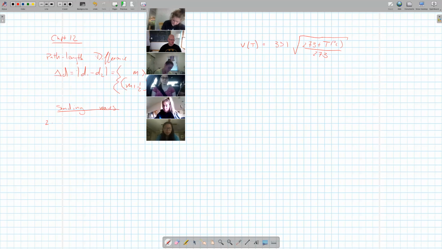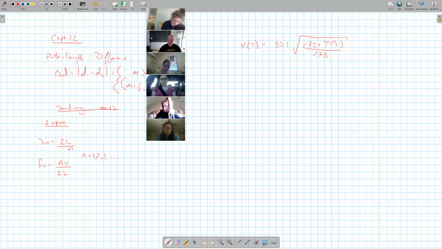So here we had two open endpoints. For two open endpoints, again, the wavelength is equal to twice the length divided by the harmonic, and the frequency is equal to the harmonic times the velocity divided by twice the length, where n here is equal to 1, 2, 3, etc.